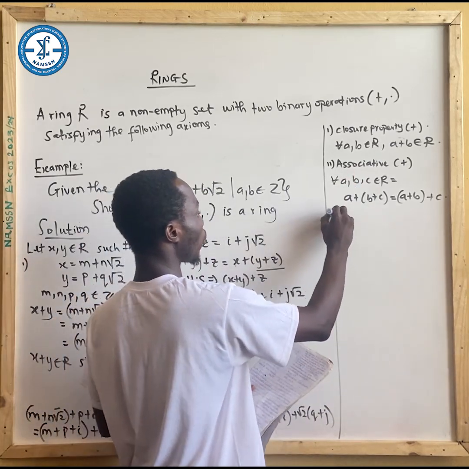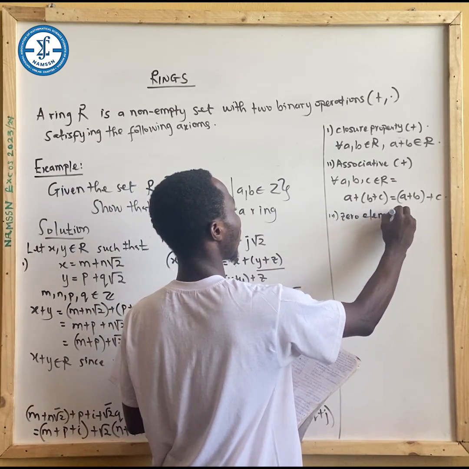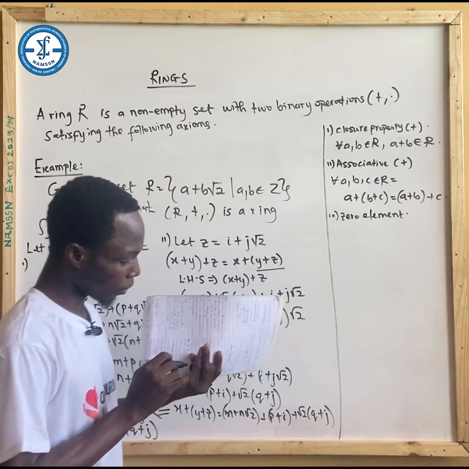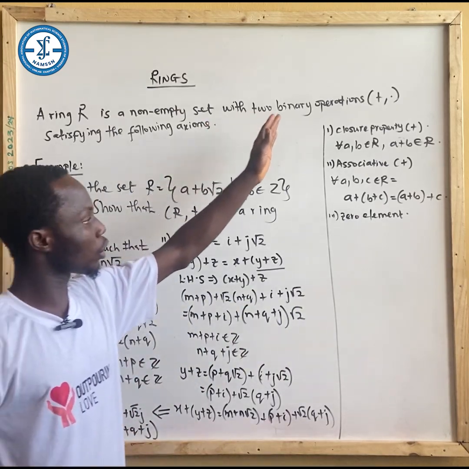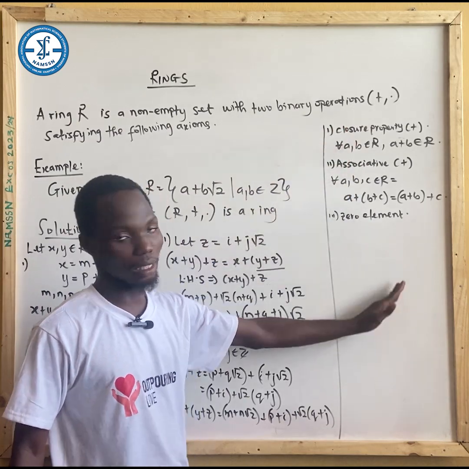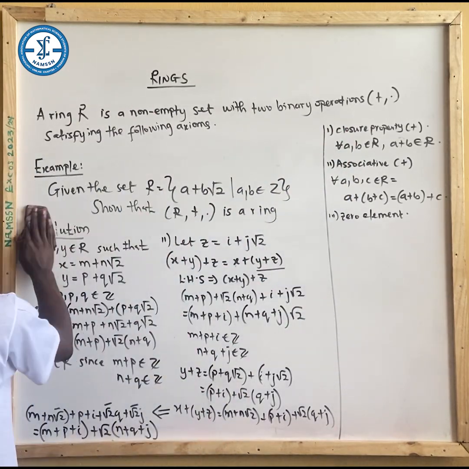Now the second one I'm going to is the existence of the zero element. Whenever we are asked to show that a set is a ring, all we do is follow the properties that satisfy a ring. So I can clean the board.